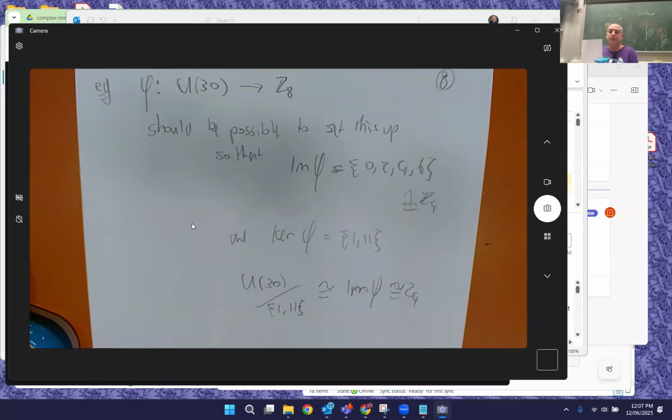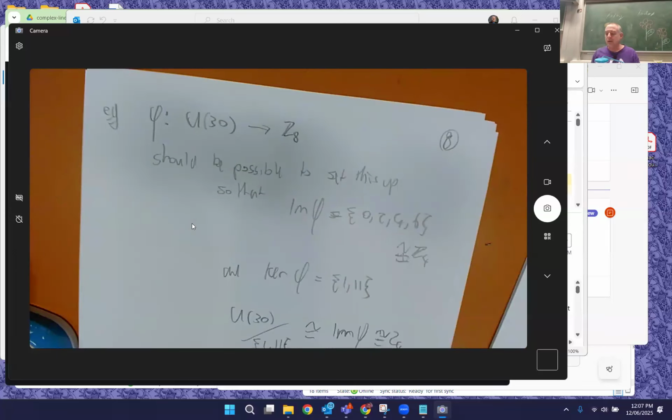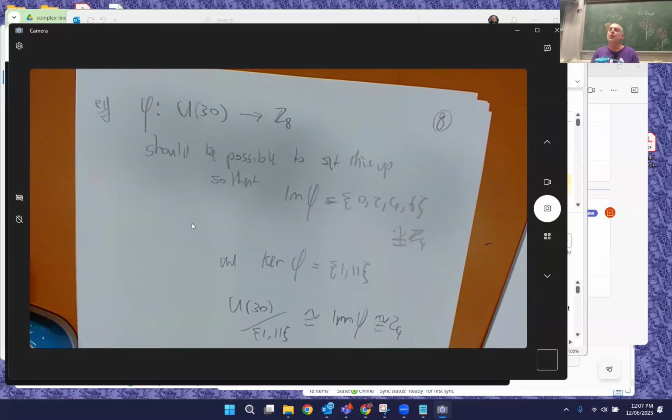I think that one of the later isomorphism theorems is that it works the other way. But anyway, that should totally be possible.